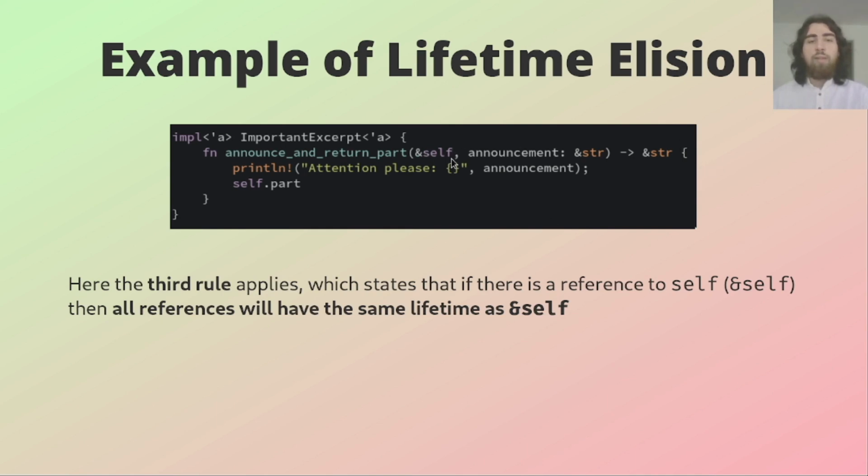All of them will take the exact same lifetime as the lifetime of self, because this is inferred and it makes sense, right? Because all of the provided arguments to a method must outlive the struct or the enum instance, all right? So all of the arguments here implicitly take the same lifetime as self, all right?